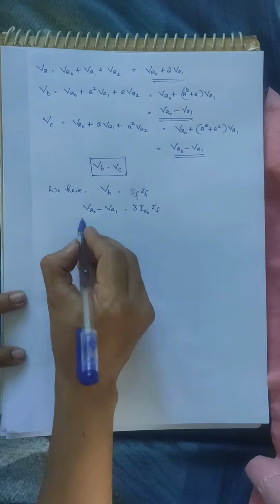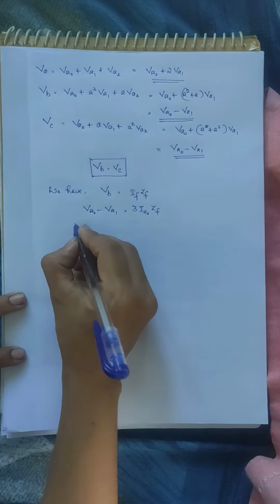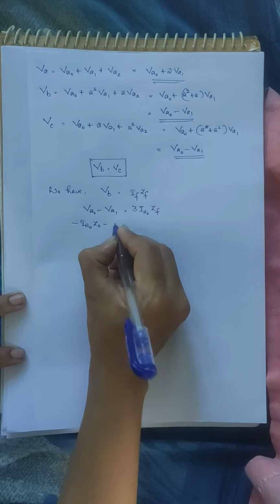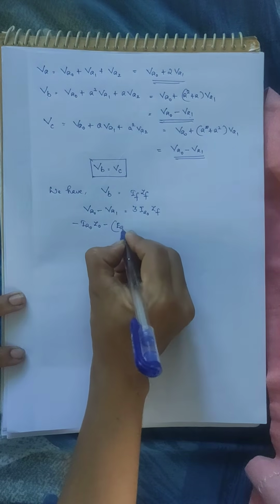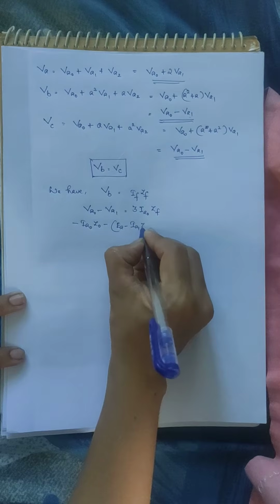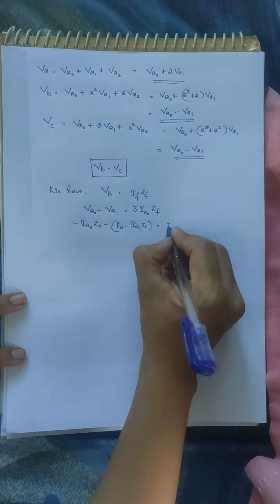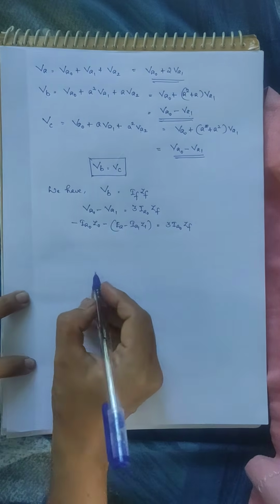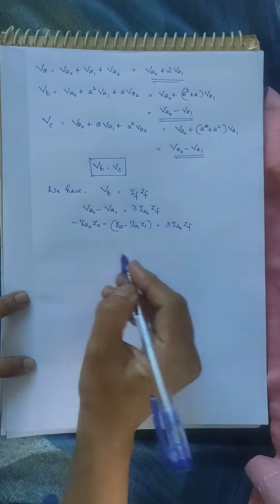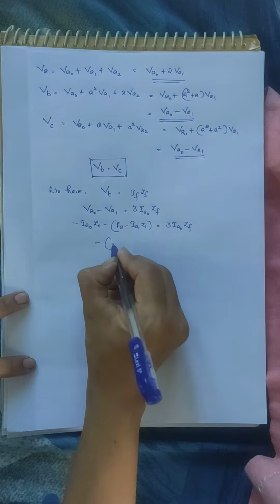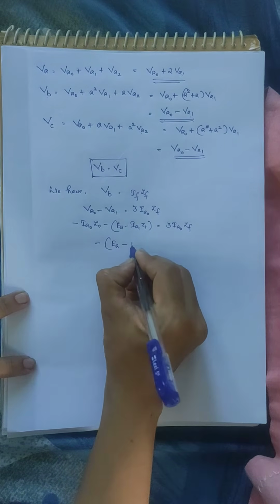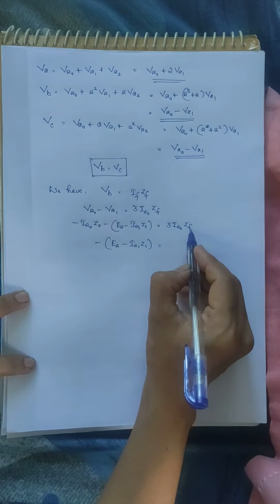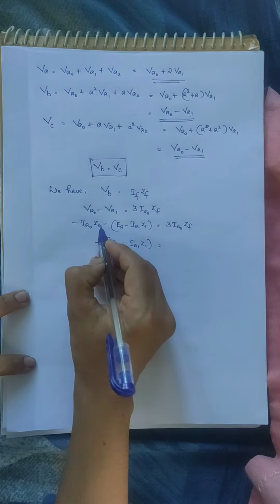Okay. Now, we know VA0 and VA1. VA0 is equal to minus IA0 into Z0 minus VA1. VA1 is EA minus IA1 Z1. This is equal to 3 times IA0 into ZF. Okay. So, now taking IA0 Z0 to the right hand side, the equation will become minus EA minus IA1 Z1 is equal to 3 times IA0 into ZF plus IA0 Z0.